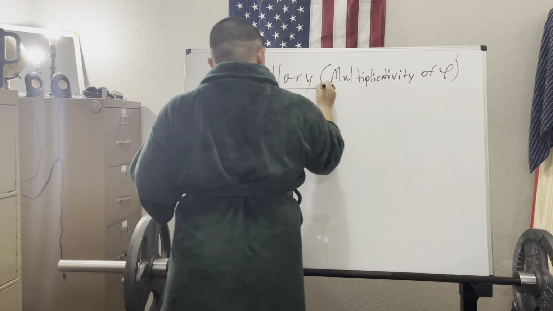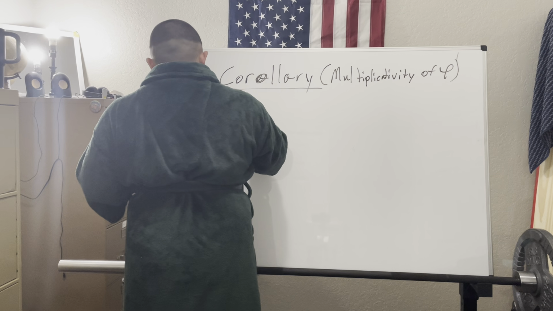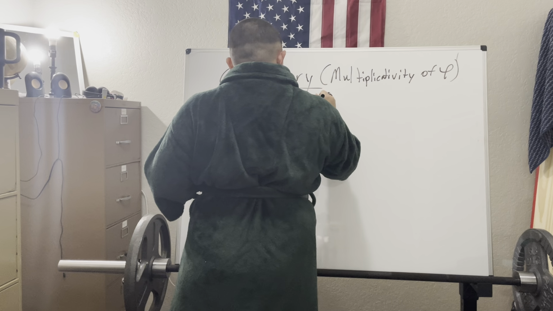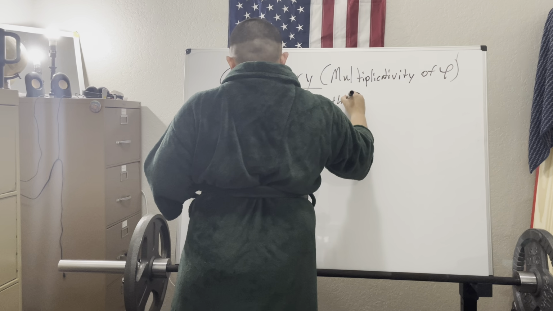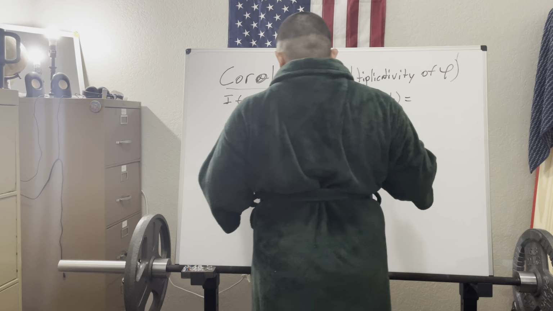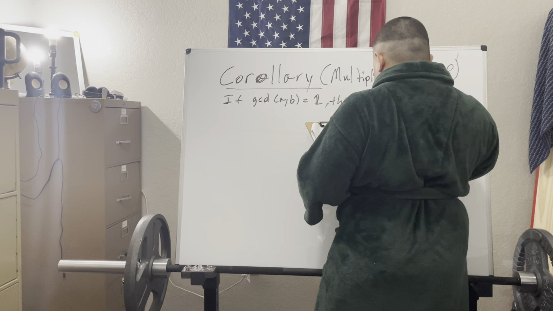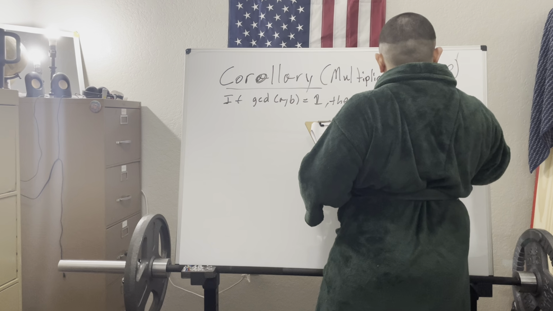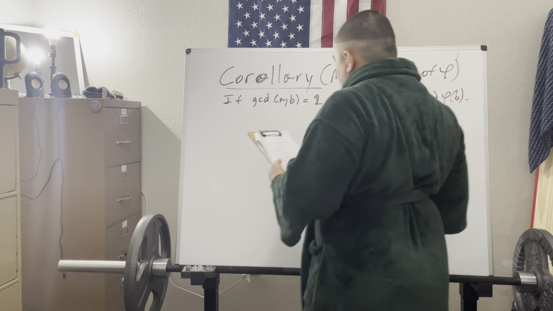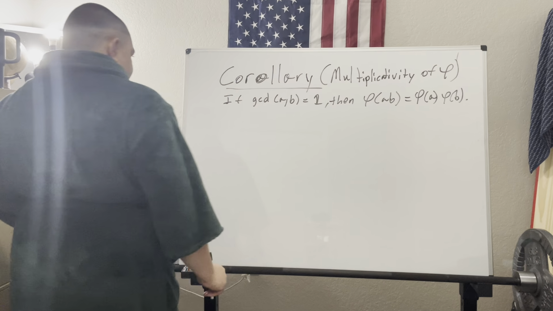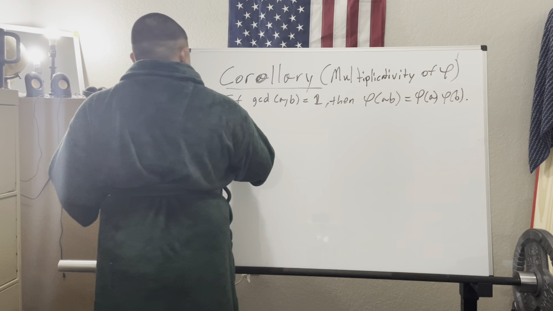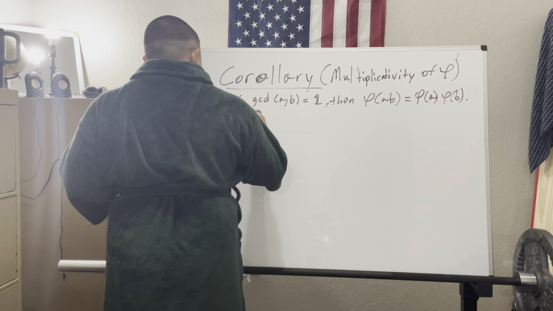If the GCD of A and B is equal to 1, then Euler's totient function of AB is equal to the totient of A times the totient of B. Now, it's not what the Greek letter is called, I know, but it's Euler's totient function, not the other thing.